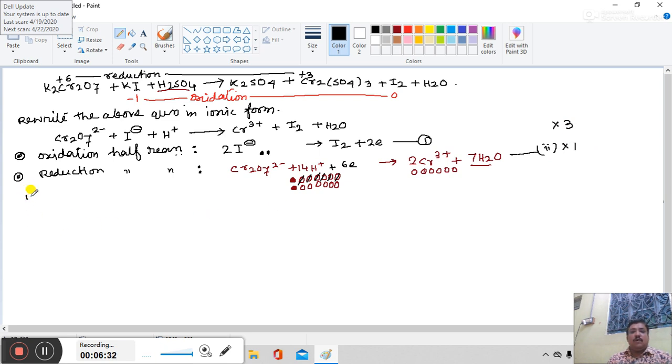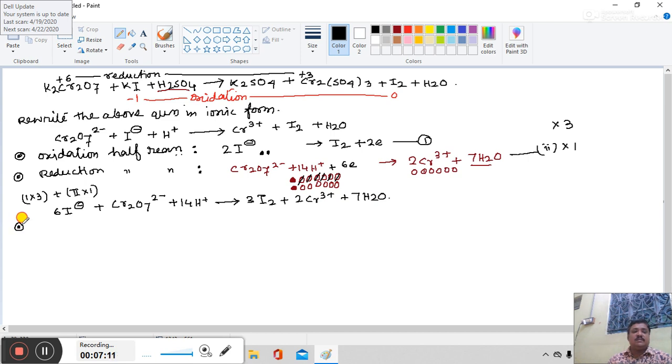So 1 into 3 plus 2 into 1, and then on addition we get 6I- plus Cr2O7 2- plus 14H+ arrow 3I2 plus 2Cr3+ plus 7H2O.